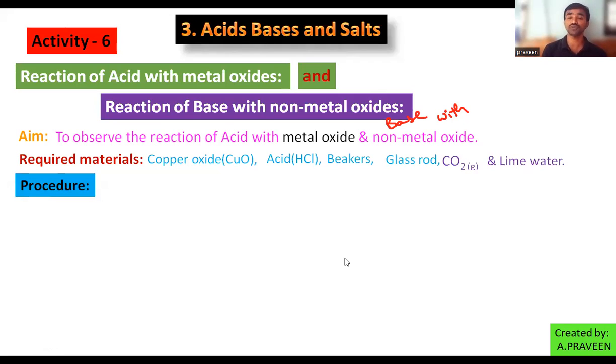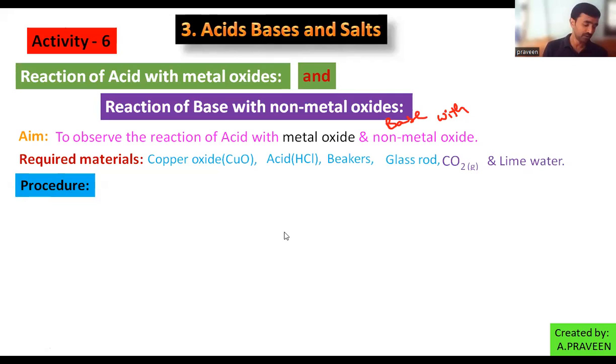What observations are you going to make in this reaction by adding copper oxide into the acid beaker? You take a beaker, add HCl into it, then take copper oxide and stir. Slowly add copper oxide, then stir it constantly and observe the change in color.